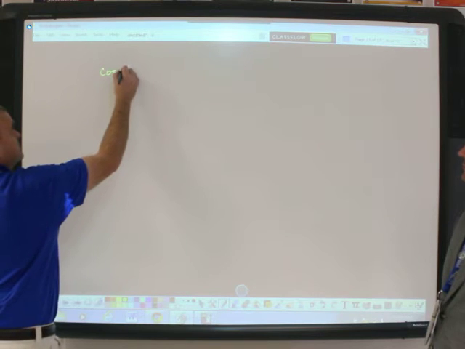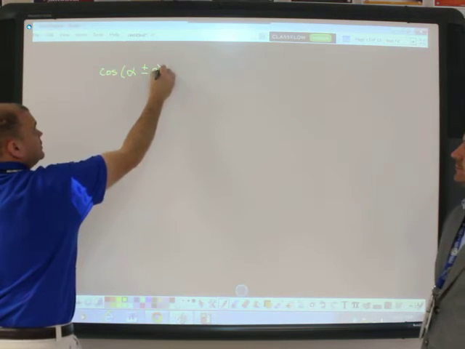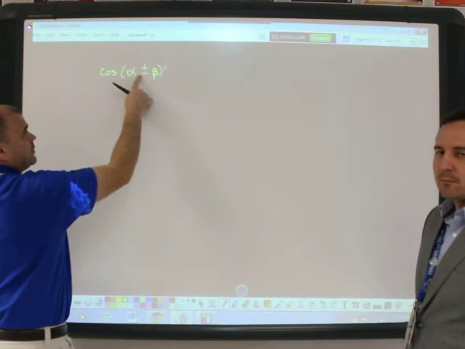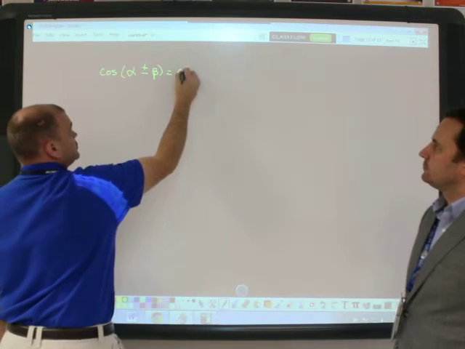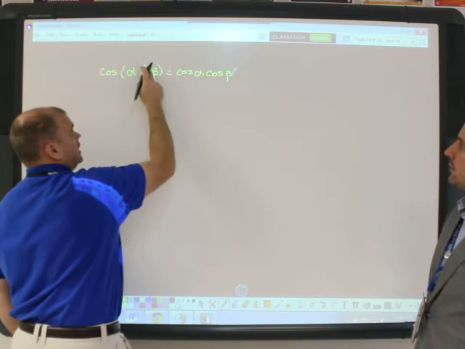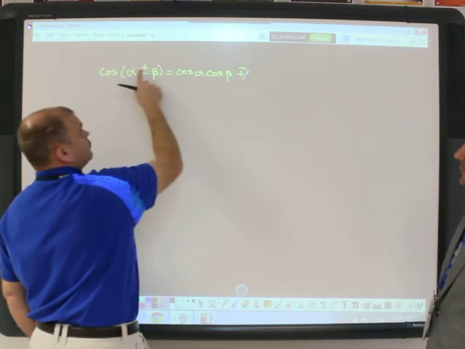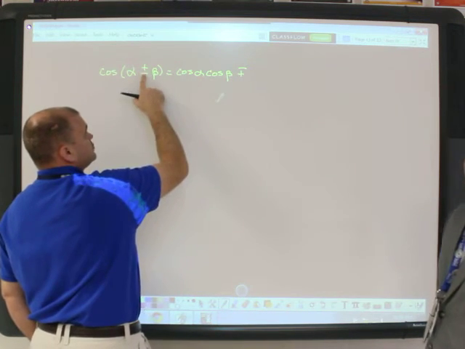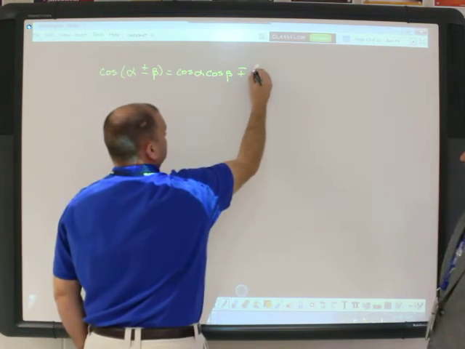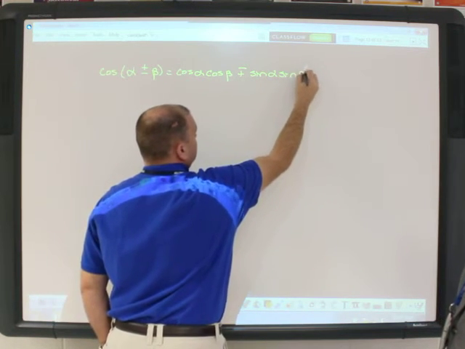What we can say then is the cosine of alpha plus minus beta, that's saying alpha plus beta and alpha minus beta, is equal to the cosine of alpha, cosine of beta, and instead of plus minus we do minus over plus. So when we're adding we subtract, when we're subtracting we add with cosines. Sine of alpha, sine of beta.